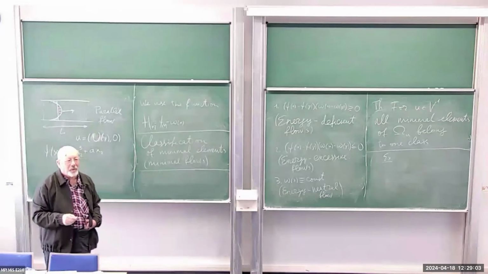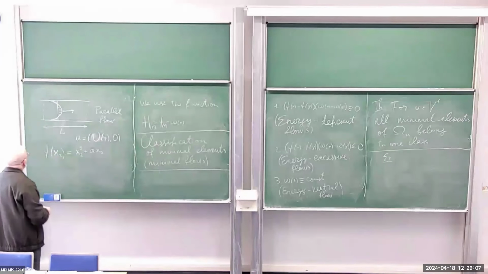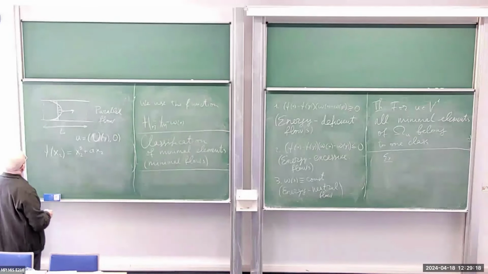The stream function is in general non-zero on the boundary.